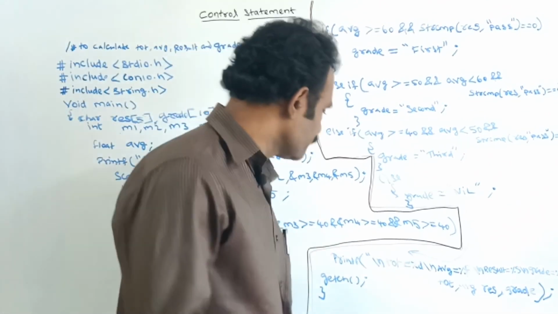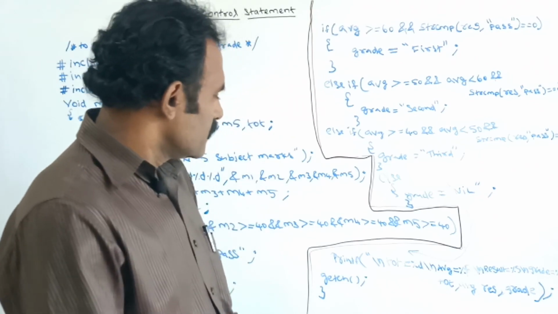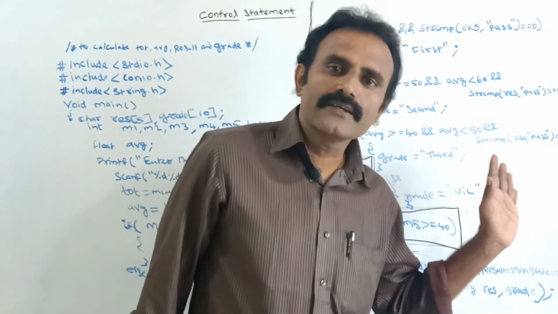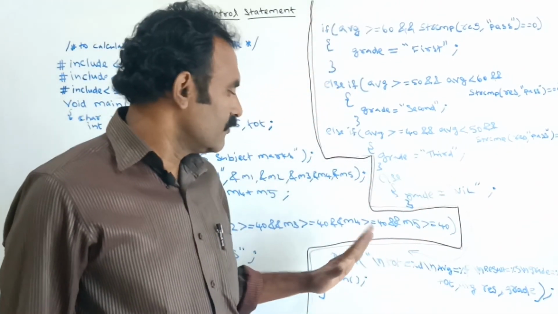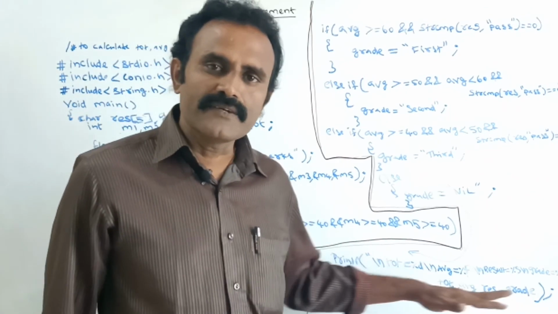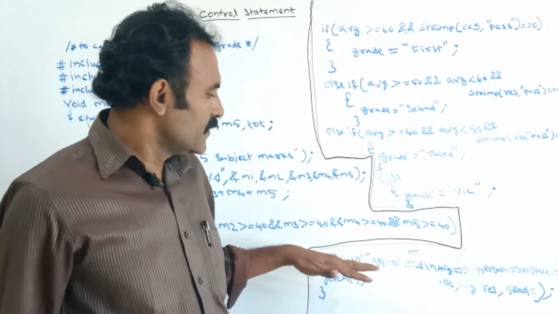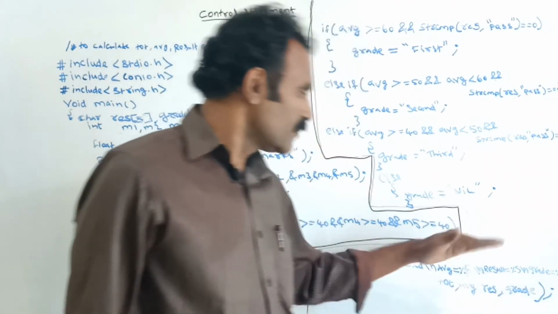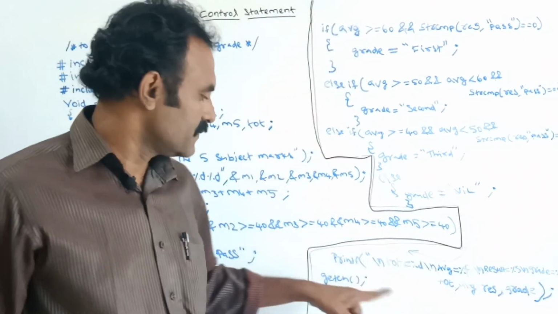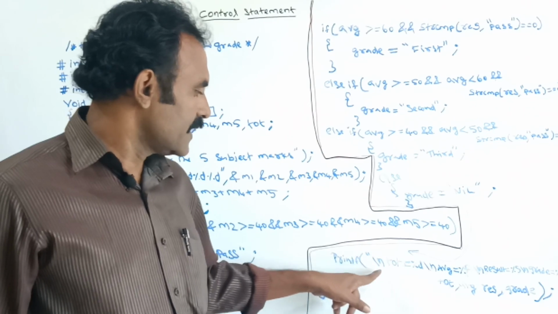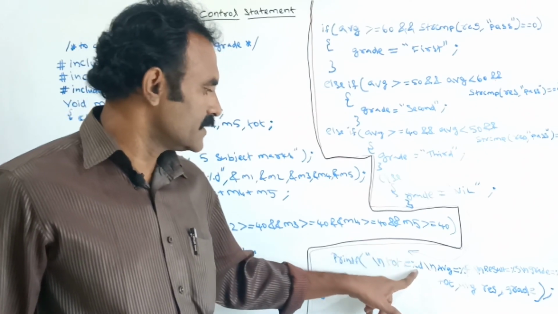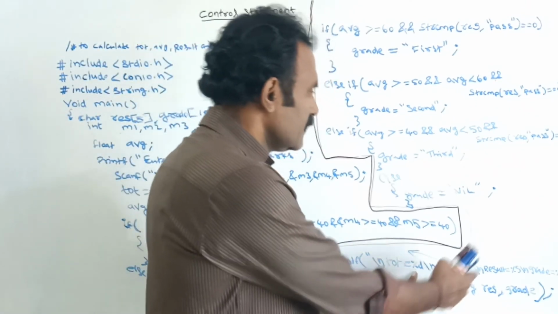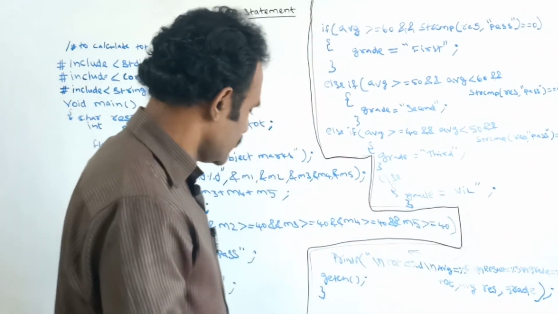So instead of giving one by one, we can give the output in a single statement. Every result will be printed one by one within the single statement also. Here printf \n total is equal to %d, that is total value will be printed on the output screen.